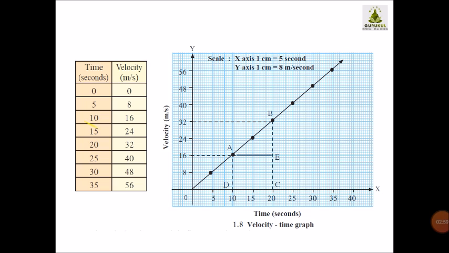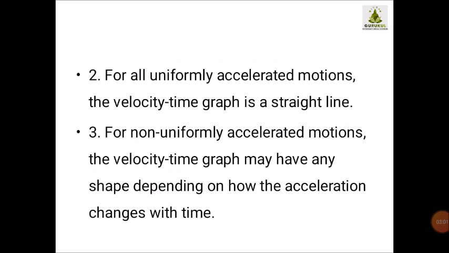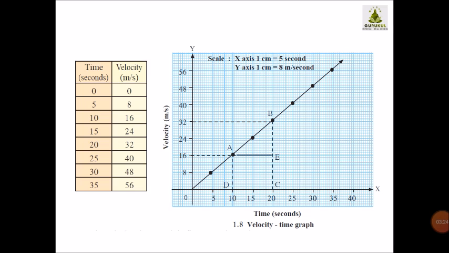Though I know you all have basic knowledge of graphs, this way your concept will be more clear. And what is the condition for non-uniformly accelerated motion? The velocity time graph may have any shape depending on how the acceleration changes with time. So it is very clear that if uniformly accelerated motion is there, the velocity time graph will be a straight line.